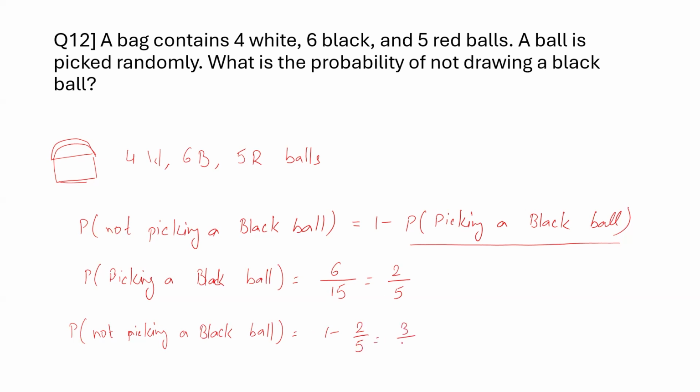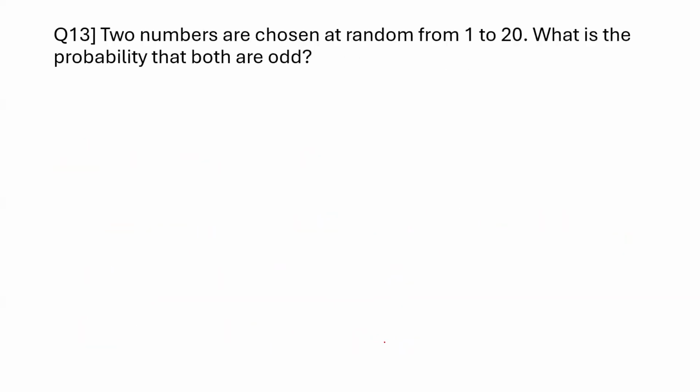That is equal to 3 upon 5. Is that fine? That is how you can compute not doing something. Probability of not doing something is the same as 1 minus doing that thing. Okay? Complement rule.